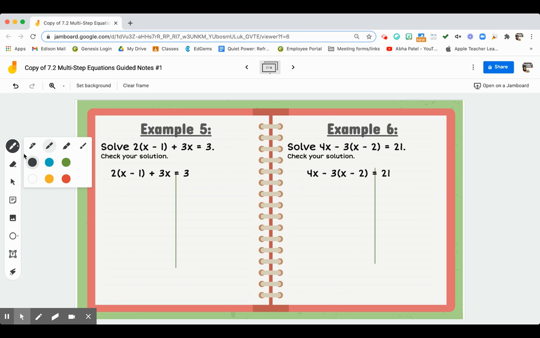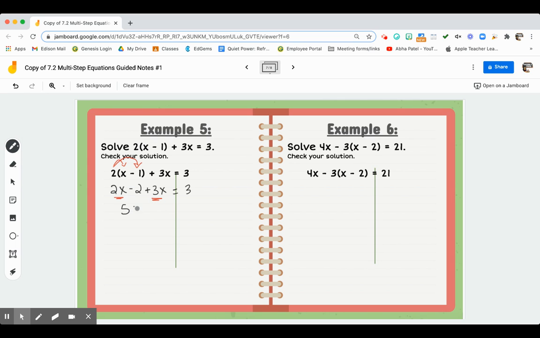Example 5. This problem again does have a distribution, so let's do that first. 2x minus 2 plus 3x is equal to 3. Combine our like terms.